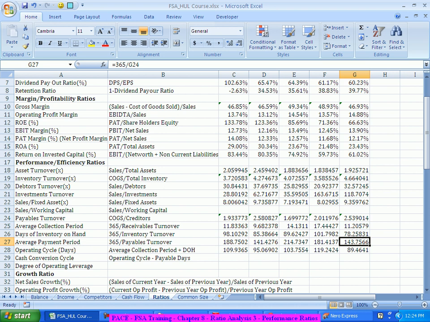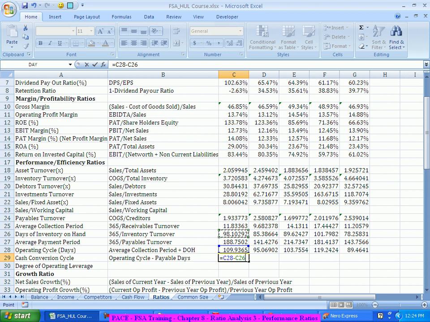So the cash conversion cycle is nothing but the number of days, the operating cycle minus payable days. The higher the negative the value is, the better it is, because my cash is converted much faster and I have so much leverage in terms of payment.